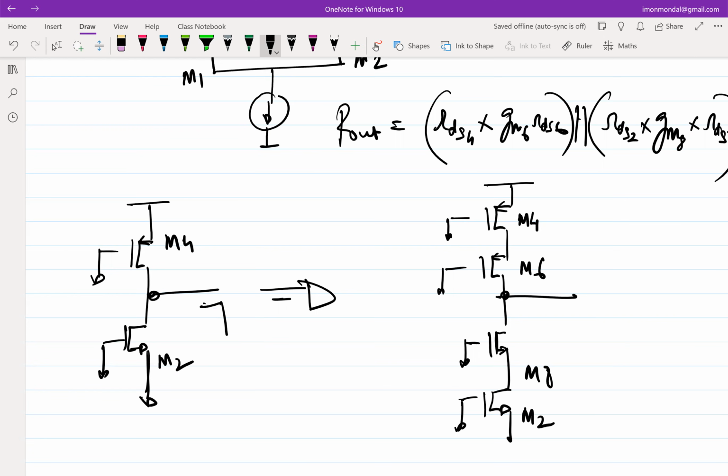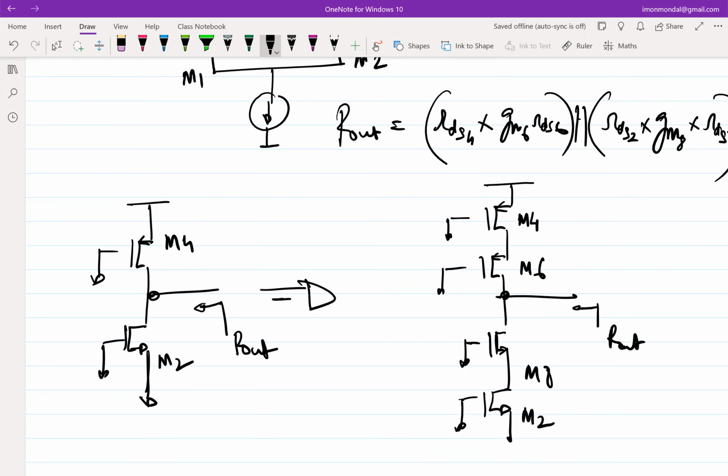I'm moving from this Rout to this Rout, because the circuit on the left had an Rout of RDS2 parallel RDS4. The circuit on the right, being a cascode, will have more Rout, increased by the gain of the cascode transistors.